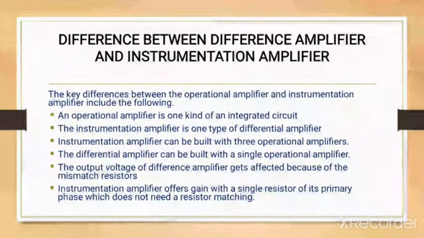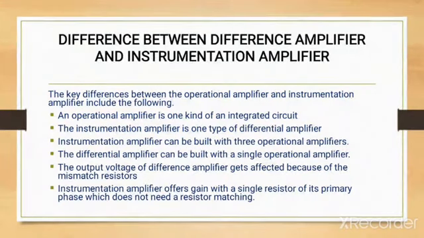Before that, you should know the difference between the differential amplifier, or difference amplifier, and the instrumentation amplifier. Actually, both are the same, because difference amplifiers are used in instrumentation amplifiers. The instrumentation amplifier is one type of differential amplifier.